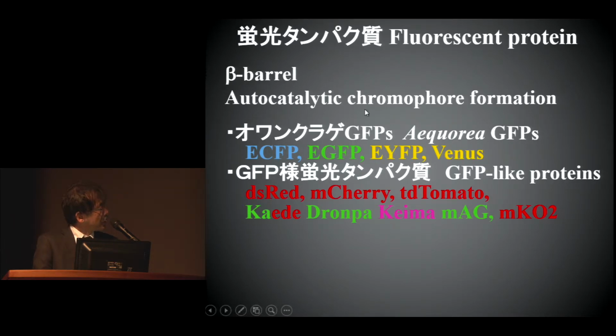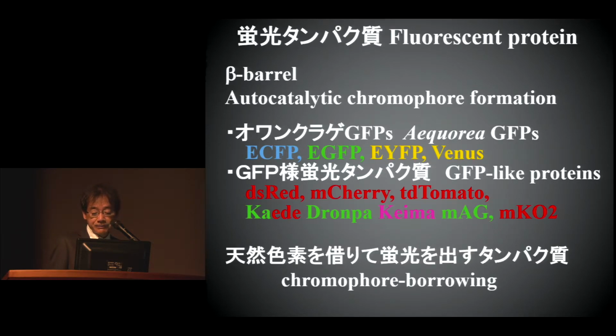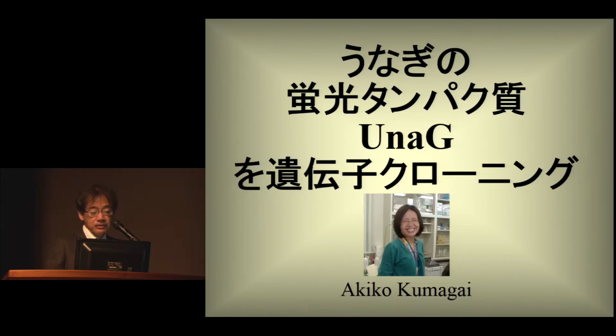But all these proteins share the same basic subunit, the beta barrel, and they all form chromophores synthesized from their own peptides. Okay. But in a broad sense, fluorescent proteins should include proteins that become fluorescent by taking up a natural chromogenic ligand. Okay? So I'd like to tell you about the eel protein.